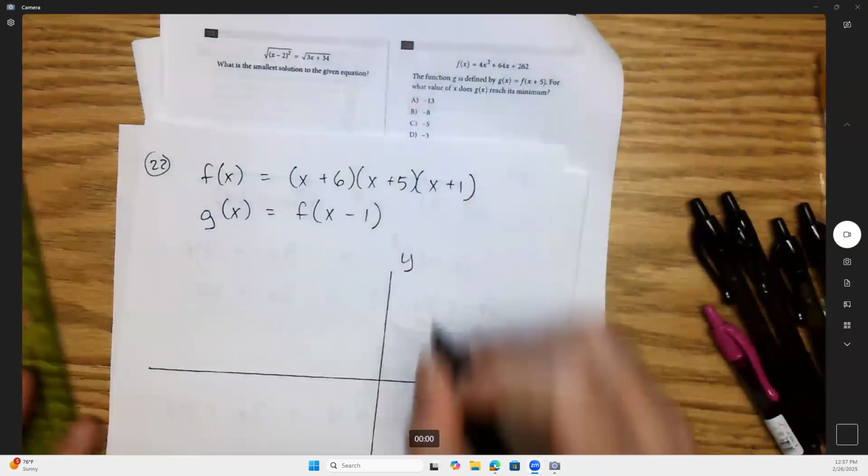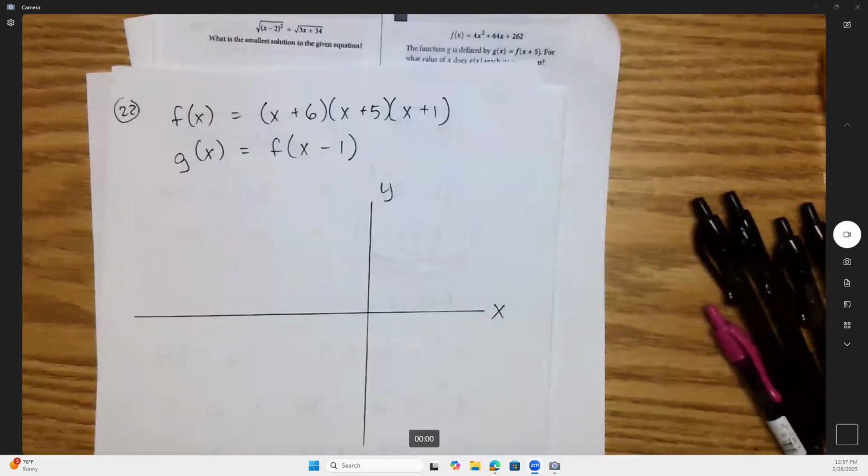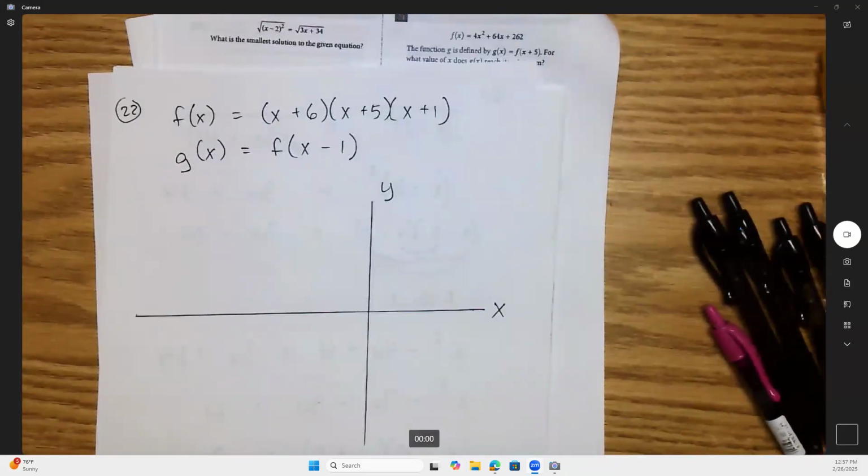X-axis, y-axis. Okay. Guys, go ahead and graph f of x. Make sure everybody can definitely do this one, because you guys just saw a really similar one a few minutes ago. Can everybody graph f of x?